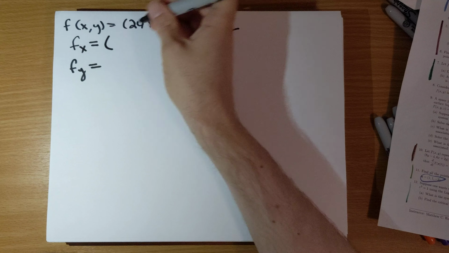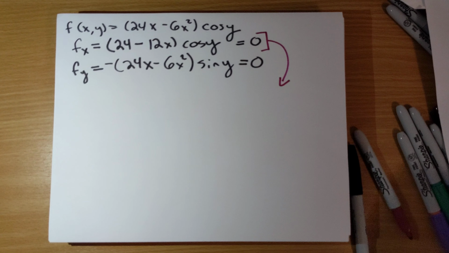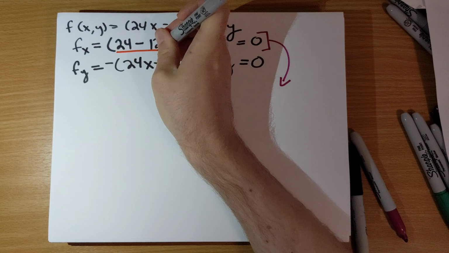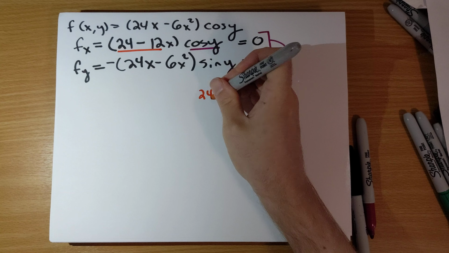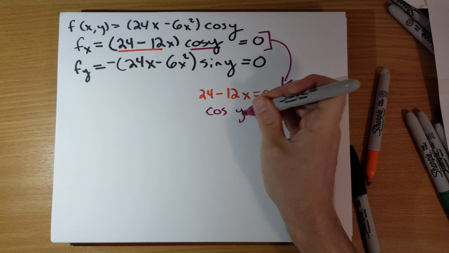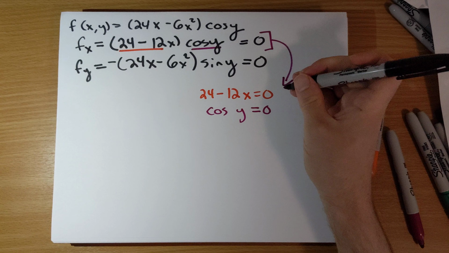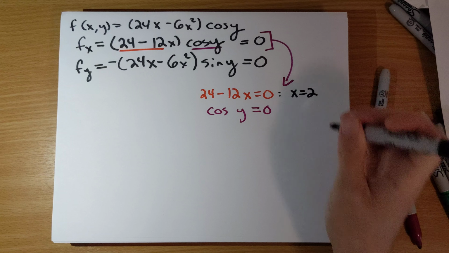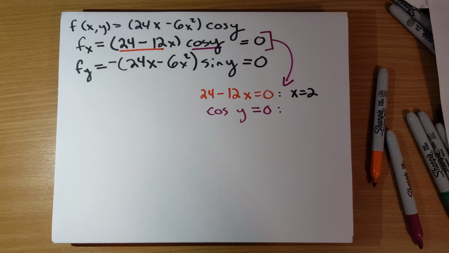For the first one, there are two possibilities: either this term is equal to 0 or this term is equal to 0. When is 24 minus 12x equal to 0? That's when x is equal to 2. So that's one possibility. Cosine y is equal to 0.